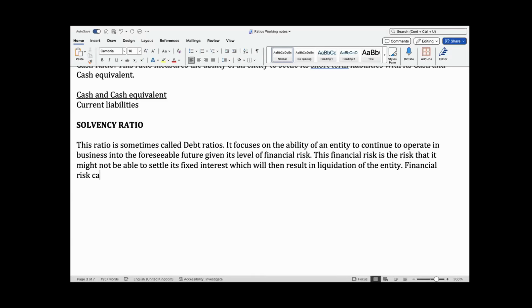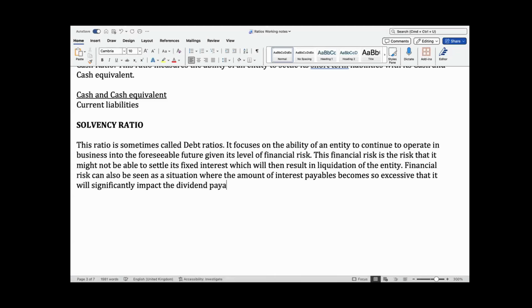Financial risk can also be seen as a situation where the amount of interest payable becomes so excessive that it will significantly impact the dividend payable to the ordinary shareholders.